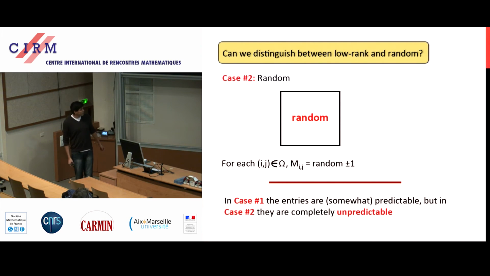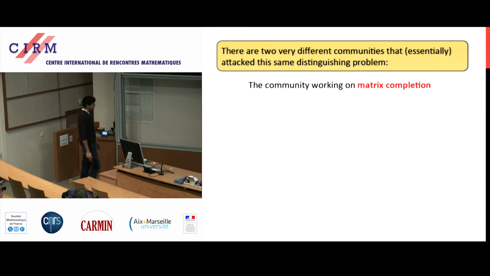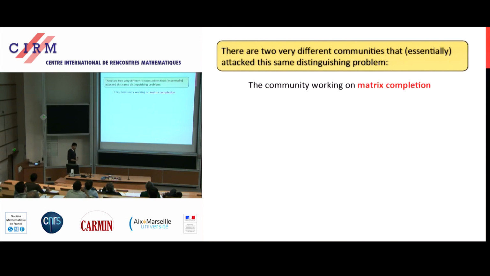Case 1 is something where the entries are somewhat predictable, and case 2 is something where they're not. When you run algorithms in general, what they output will tell you a little bit more. It'll give you not just the hypothesis, but a lot of times a baseline about whether you should hope for good predictions or not. And those types of things actually solve this distinguishing problem. That's why you can reformulate the results in matrix completion as giving algorithms for the simpler problem, and they're easier to state that way.